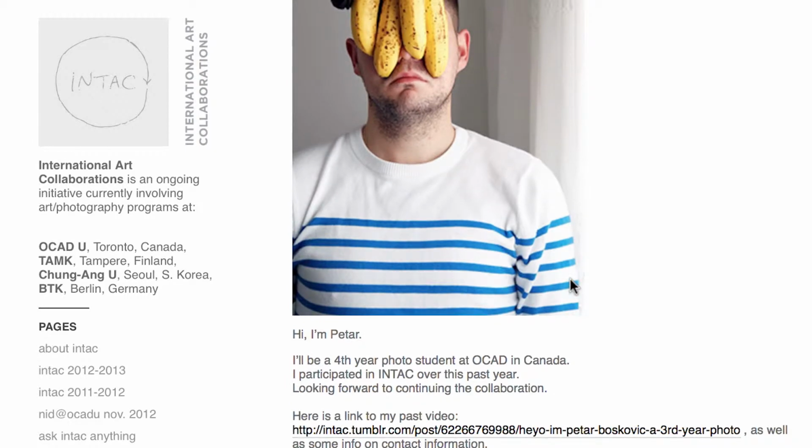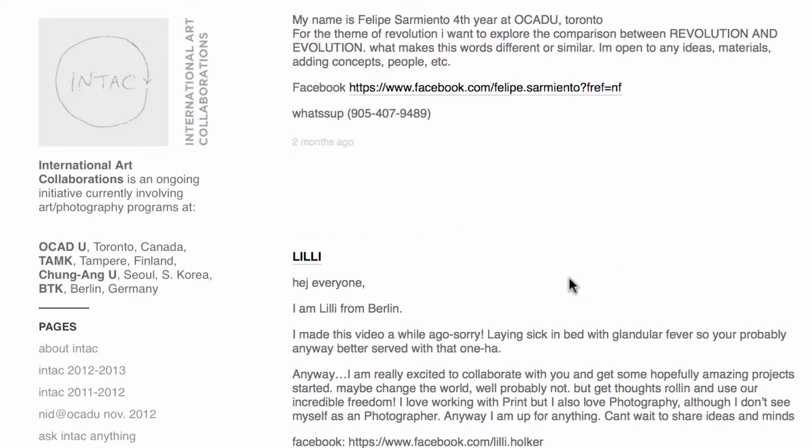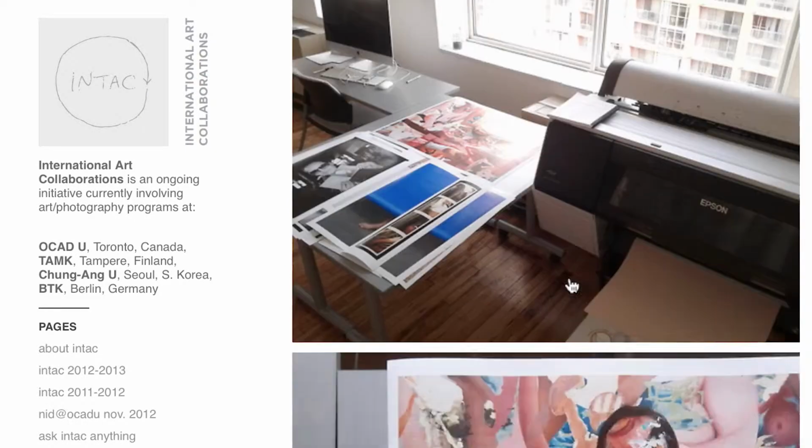We've tried it individually. That's a bit too chaotic and doesn't work very well. But then the blog becomes a place where people put up their ideas, they put up images, and you can go through it. And it's a public blog too, which is interesting because it means anybody can go and view it.